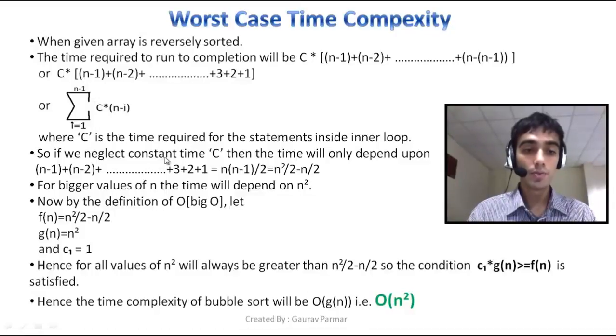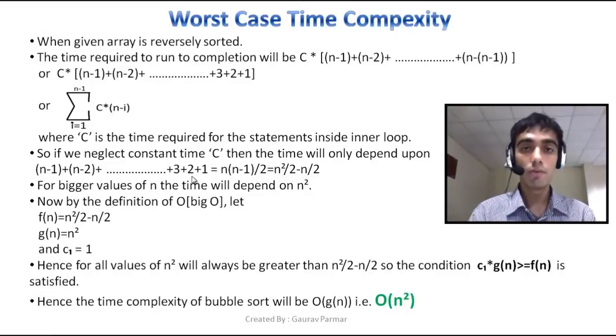If we simplify this series, it will be n into n minus 1 divided by 2, which is further simplified into n squared divided by 2 minus n by 2. So for bigger values of n, the dominating term will be n square over here.